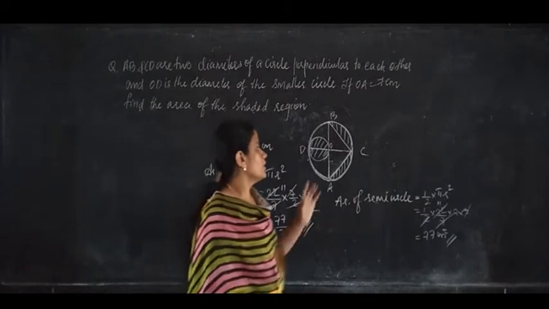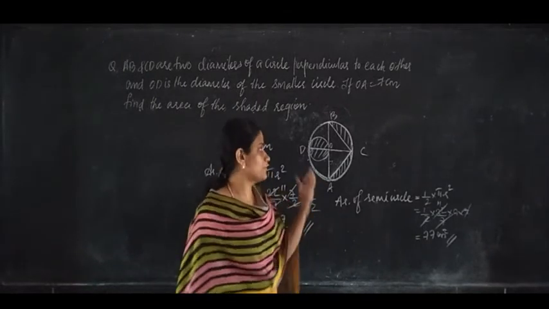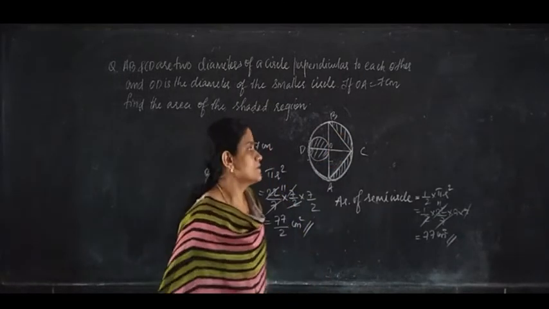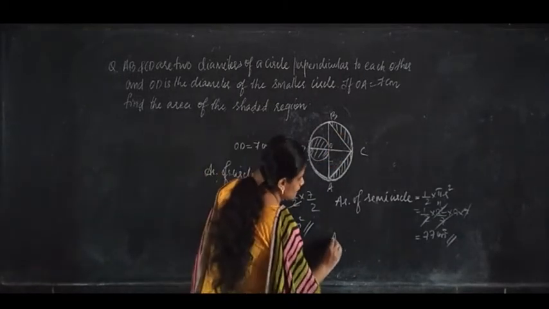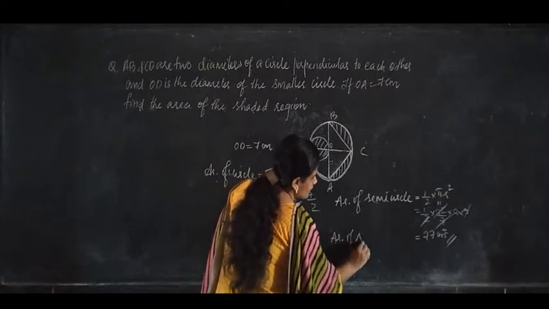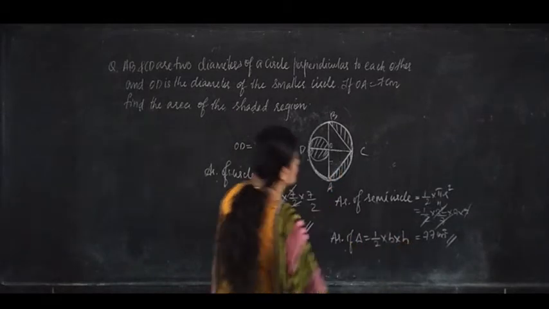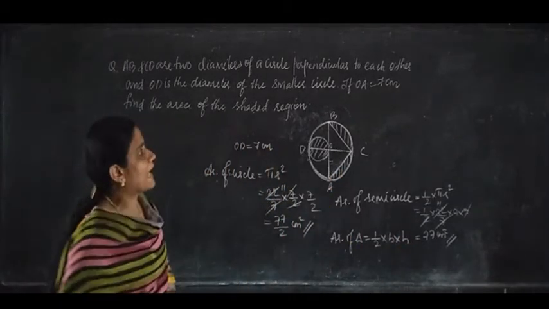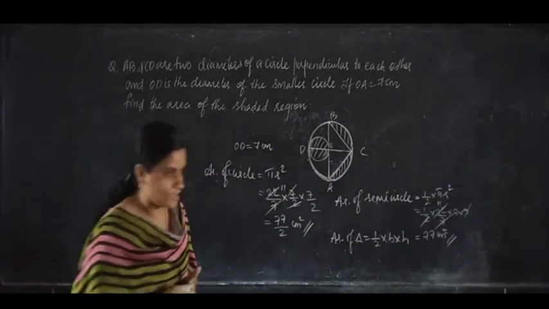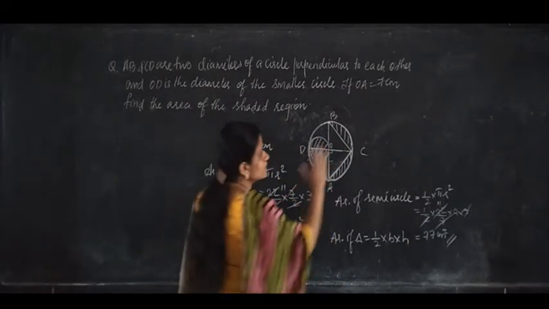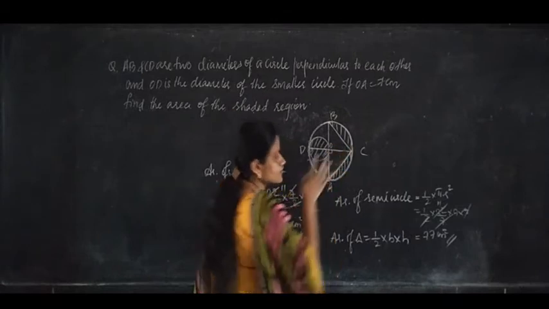Okay. Now what do you have to get? Yes, we have to find the area of the triangle and subtract it from that. So we all know that area of triangle is equal to half into base into height. Here it is clearly mentioned that diameters are perpendicular to each other, which means here it makes 90 degrees. So in this triangle, can we tell OC is the height?